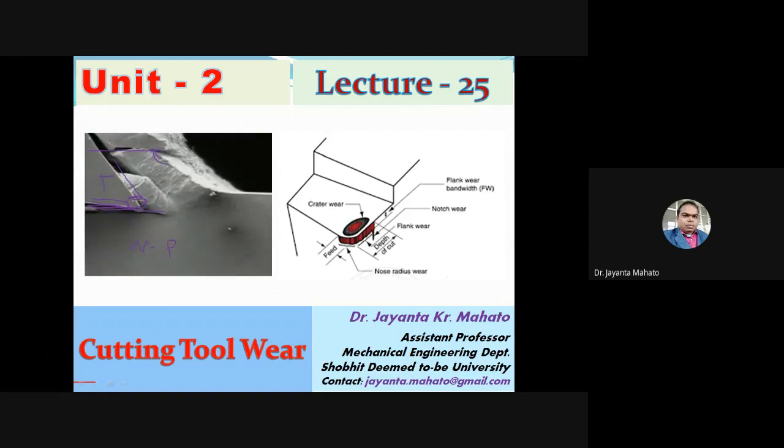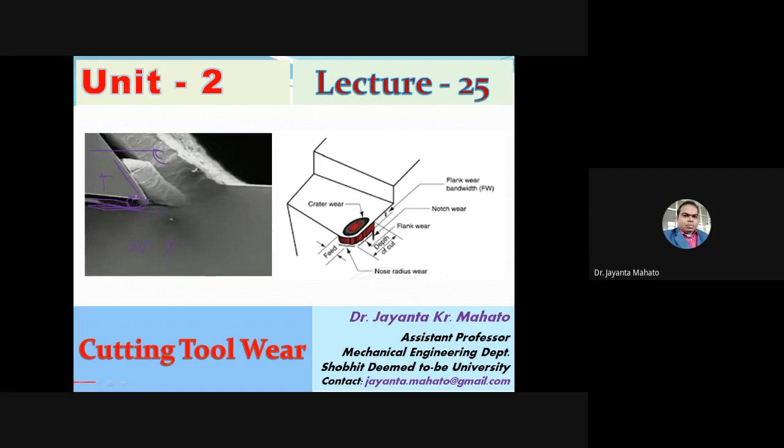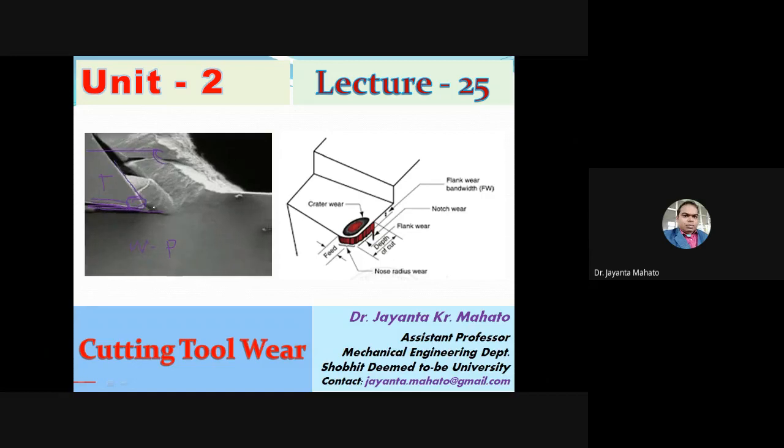Okay, and this cutting edge and nose radius are also in contact with the workpiece. So there is a chance of getting wear. This is actually called cutting tool wear. These tool wears are of different types.